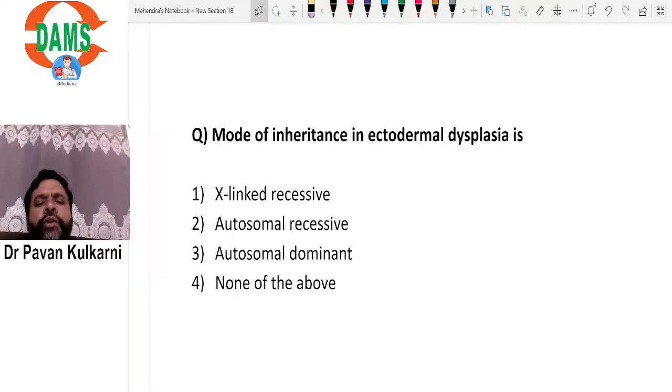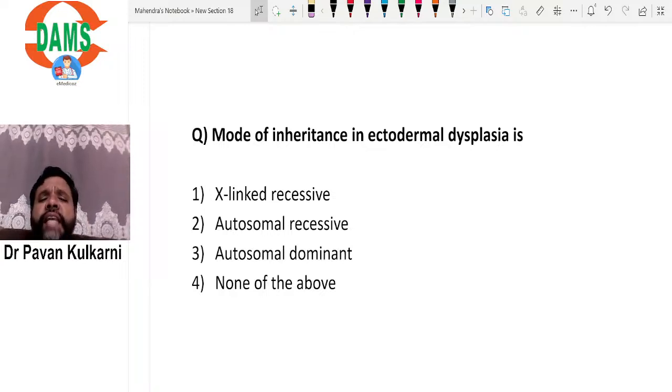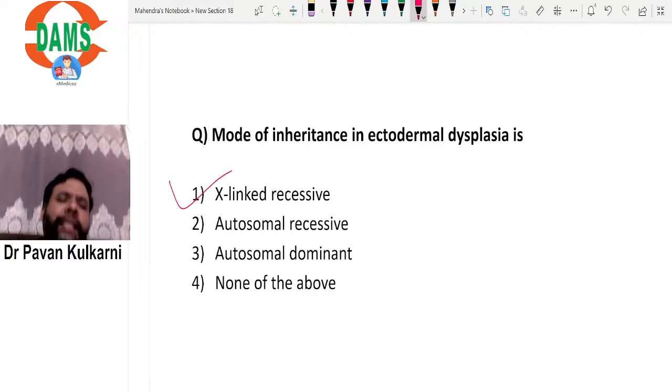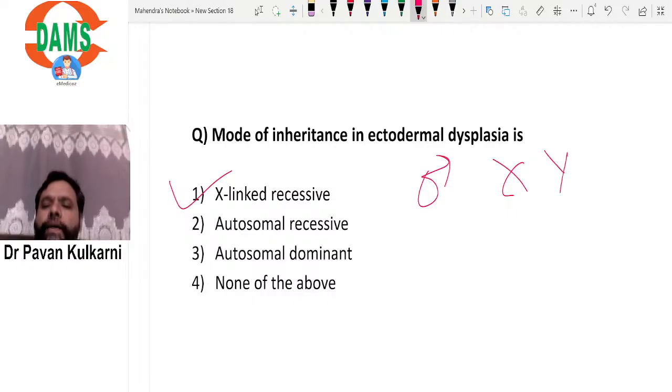Moving on to the next question. Mode of inheritance in ectodermal dysplasia. We know there is a skin disorder called ectodermal dysplasia. What is the most common mode of inheritance in these patients? Ectodermal dysplasia patients are typically X-linked recessive. All of us know males have XY and females are XX.